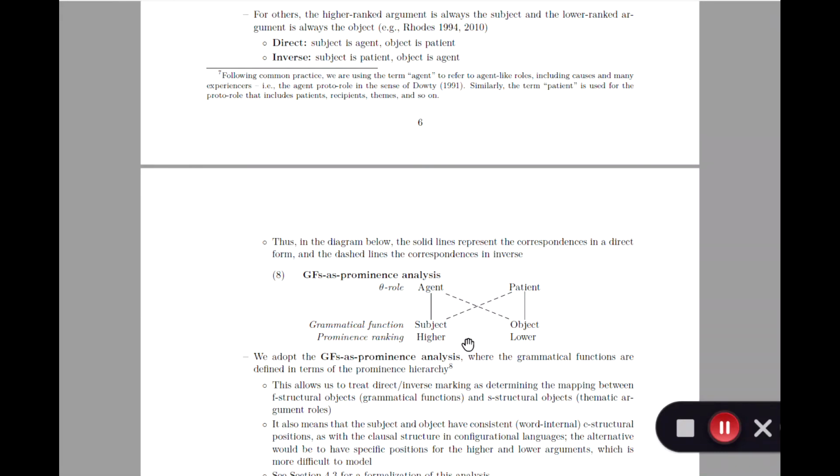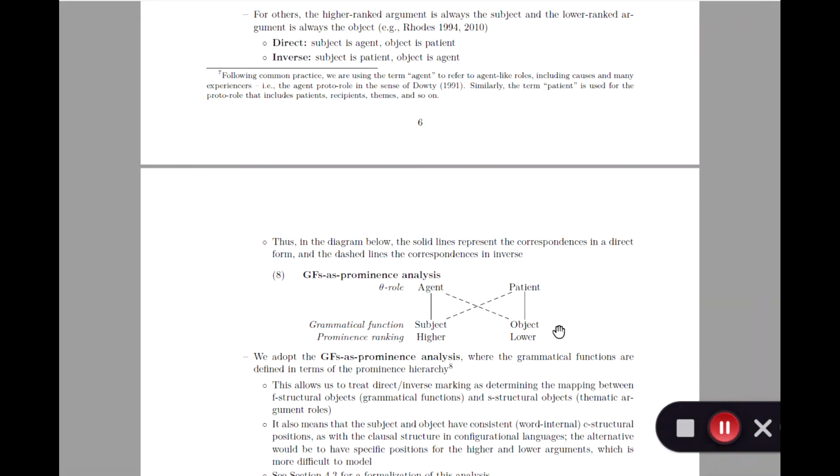And so in the canonical case, the higher ranked element, which is the subject, is going to be mapped to the agent, the first argument, in the Findlay mapping theory that we adopt here. And the lower ranked one, the object, in a clause marked as direct, is going to be the patient. This is marked with the solid lines here, whereas the dashed lines here indicate inverse marking, where the subject maps to the patient and the object maps to the agent.